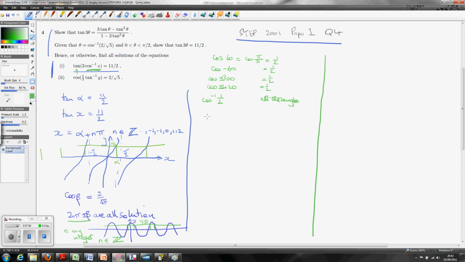We have to, in effect, choose or follow a definition which produces only one answer for cosine to the minus 1. If we choose, following the standard definition, we'll choose the value cosine to the minus 1 of a half is equal to 60 degrees, because in the standard definition, cosine to the minus 1 produces values somewhere in the range 0 to pi, from 0 up to pi.